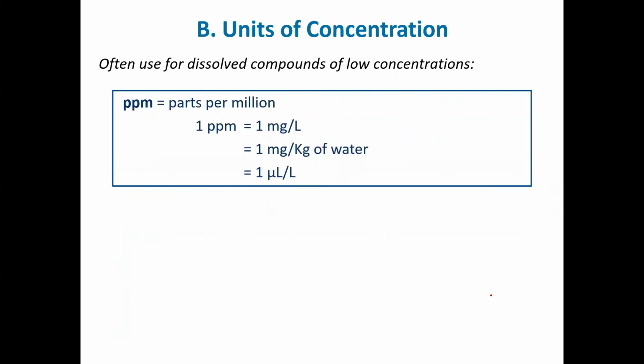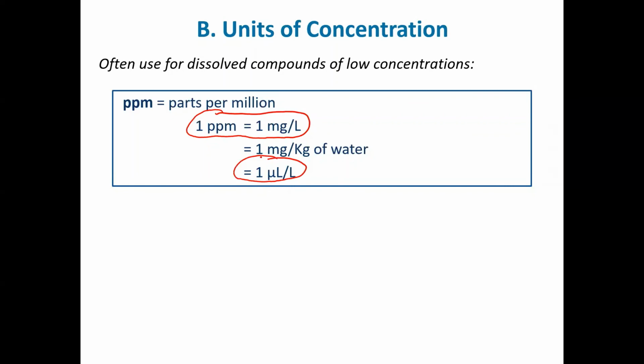Something even smaller than a percentage, and a hugely important unit, is parts per million. It's important to know that a part per million is 1 milligram per liter, and next lecture we're going to show you why. It's also 1 microliter per liter as well.